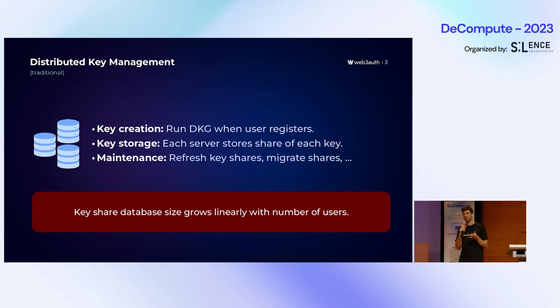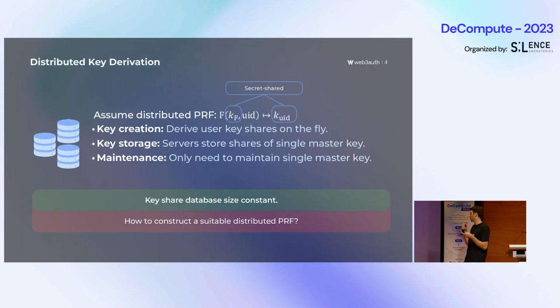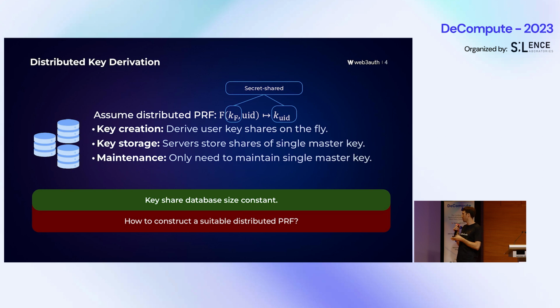And the question is, can we do better? Can we make the storage and workload independent of the number of users in the system? The answer is yes, if we have something like a distributed PRF that works for our application.